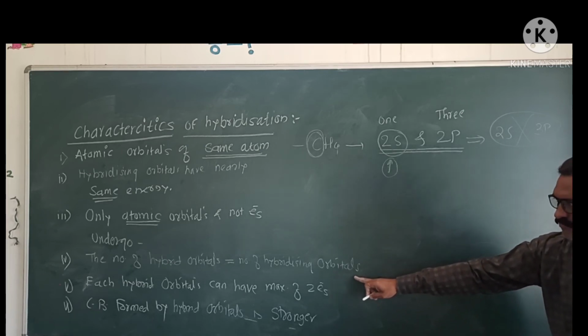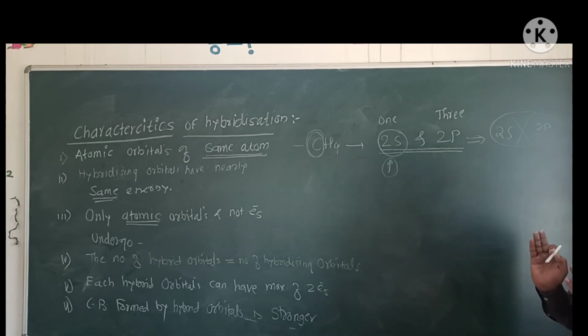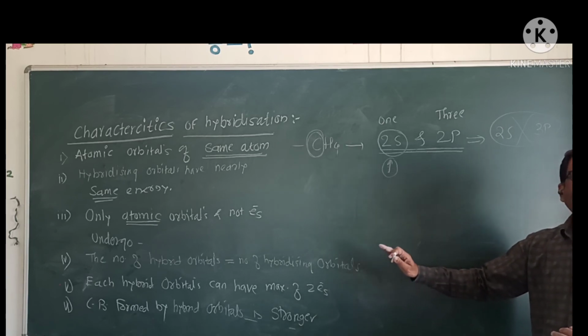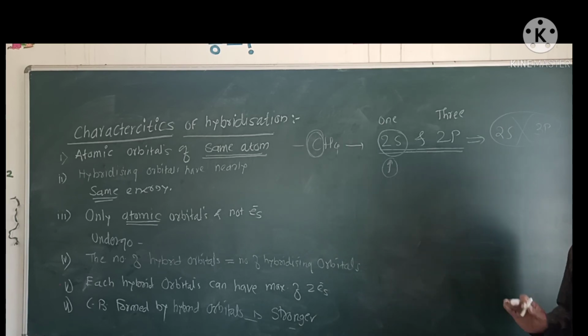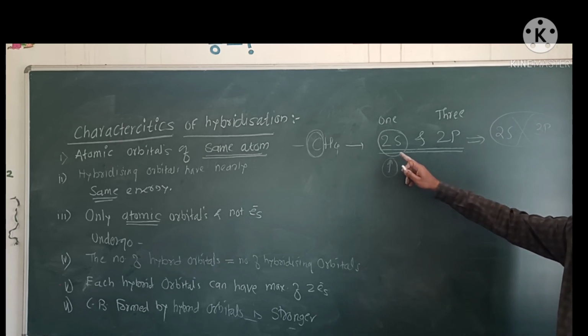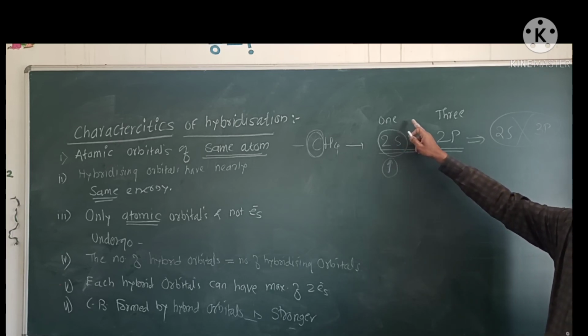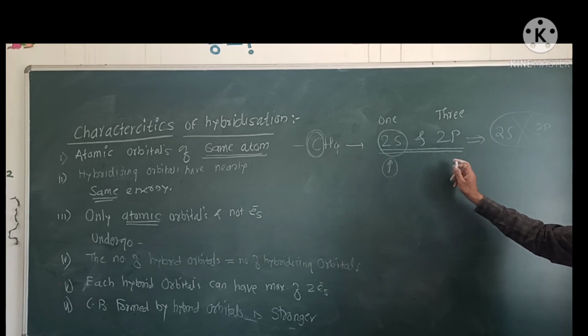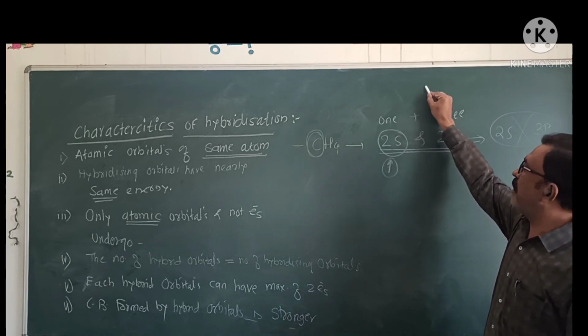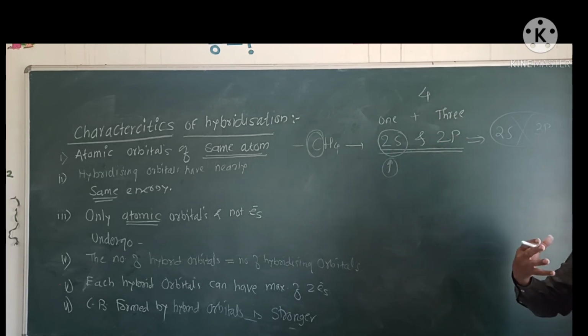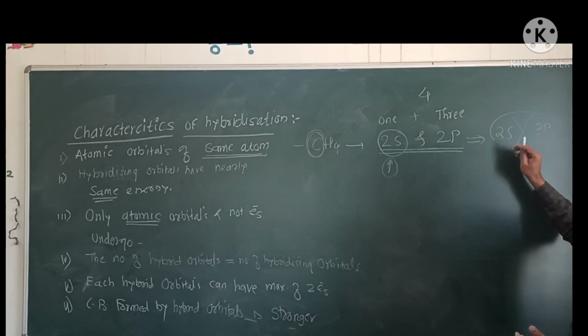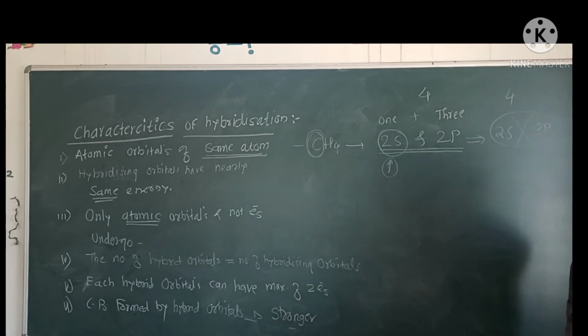Then, fourth property, the number of hybrid orbitals formed is equal to the number of hybridizing orbitals. That is here 1 2s and 3 2p orbitals, a total of 4 orbitals, mixed together to form 4 hybridized orbitals.